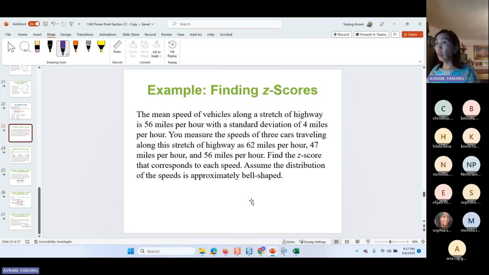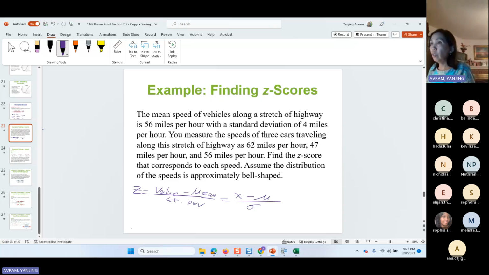All right, so we said earlier, the z-score is using the data value minus the mean, divided by the standard deviation, or sometimes we use x minus mu over sigma.